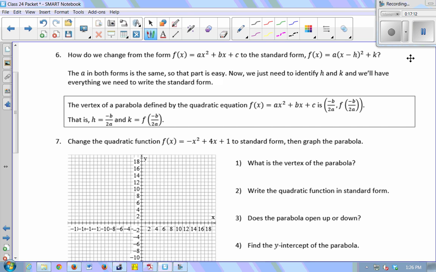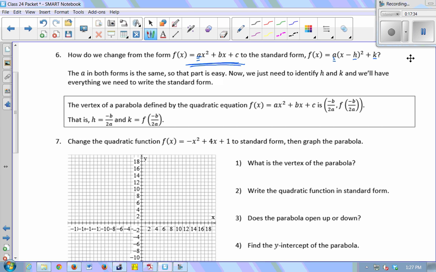Because a is called a in both equations because it's the same number. So if you have ax squared plus bx plus c, you know the leading coefficient in standard form. All right, and then if you're given this, all we need to figure out now, because we know a, is we need to figure out h and k.